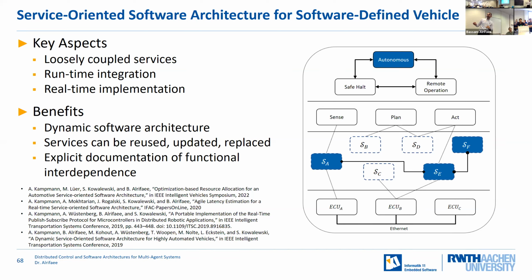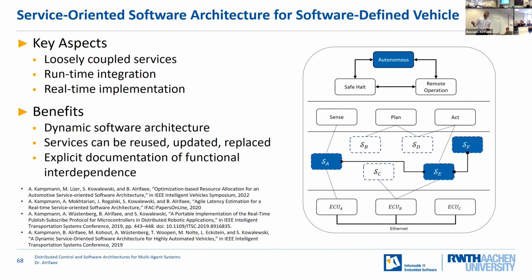So here we have our operating mode, so autonomous driving, safe halt, or remote operation. So if the vehicle gets into a deadlock while driving autonomously, we can switch to remote operation, where a human operator can get the vehicle out of this.